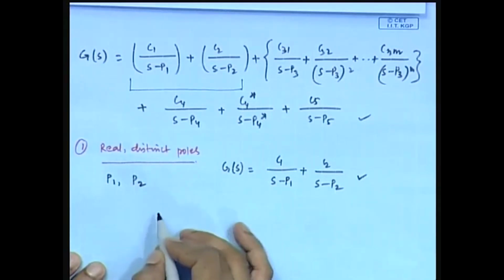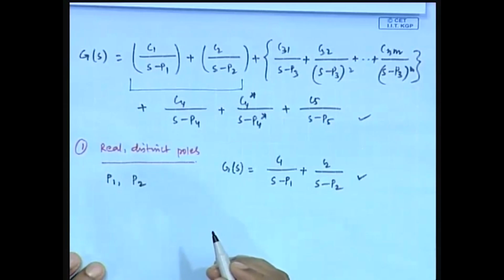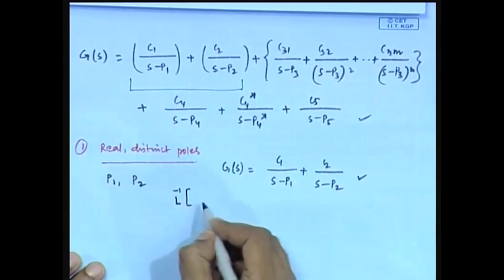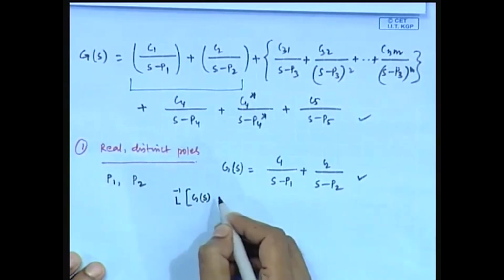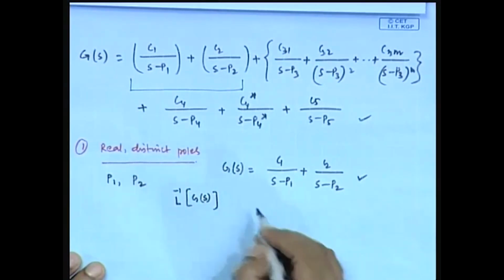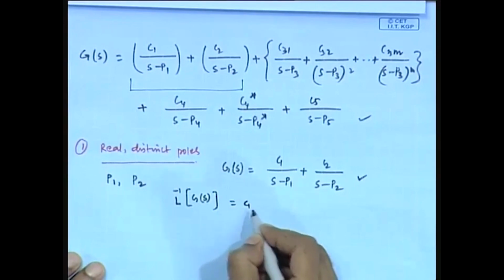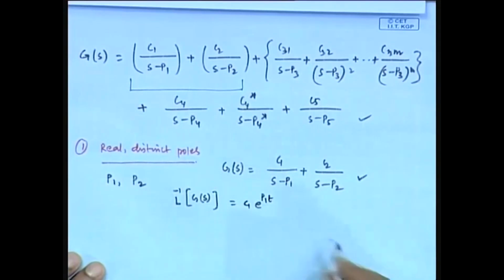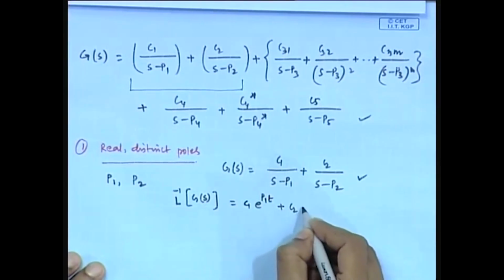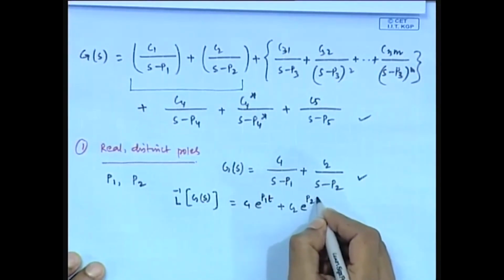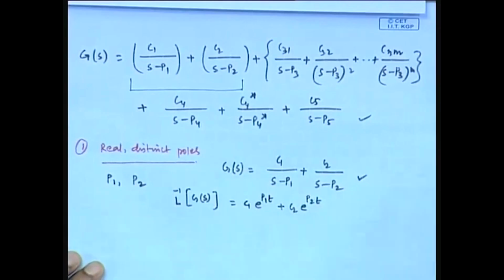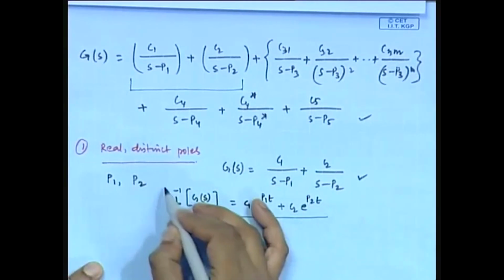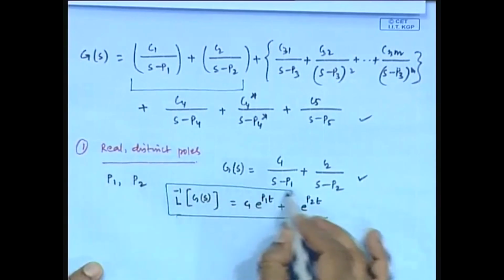Now, if we take the inverse of the Laplace transform, what do we get? We get C1 exponential of P1 t plus C2 exponential of P2 t. If we take the inverse Laplace transform, we get this expression.